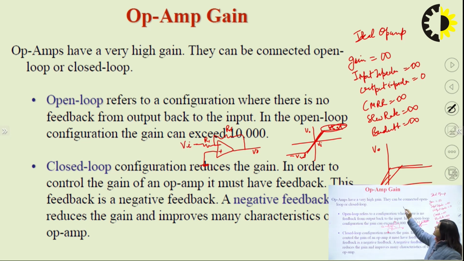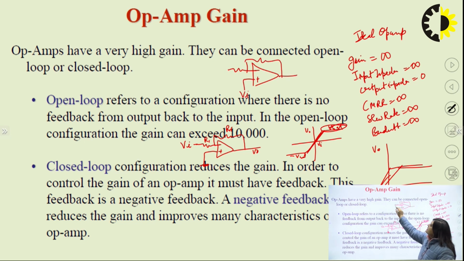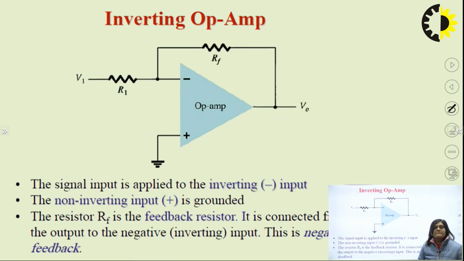And if we want to make it a non-inverting amplifier, the feedback will be the same, and here we will apply Vi, and this part is grounded. So this is for the non-inverting and this is for the inverting. Feedback will always be given on the negative side so that gain is reduced. So this is the inverting Opamp in the closed loop configuration.